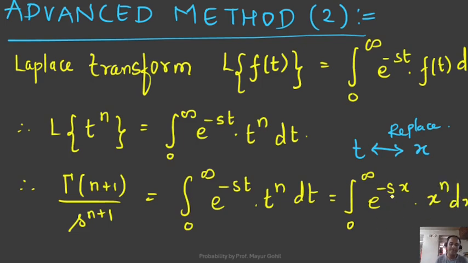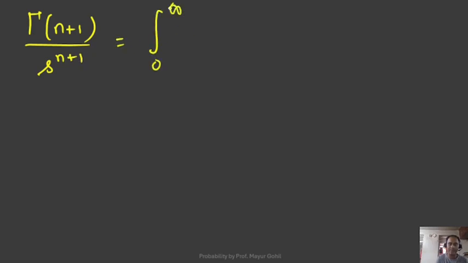And if you take the value gamma n plus 1 over s raised to n plus 1, and consider this as 0 to infinity e raised to minus sx and x raised to n dx, then you can solve a good number of questions in a very easy manner.